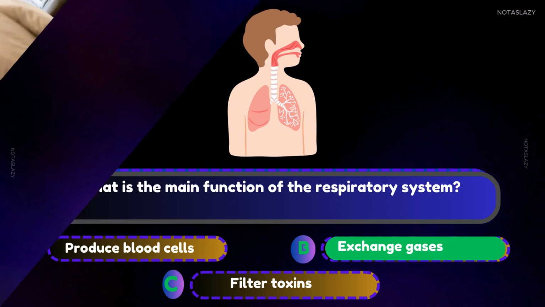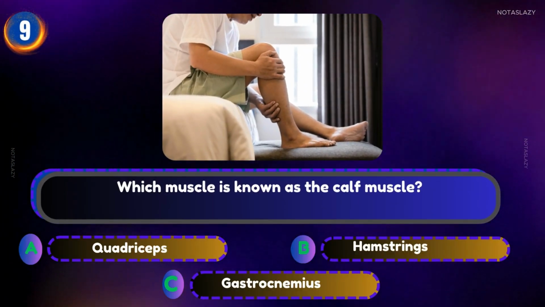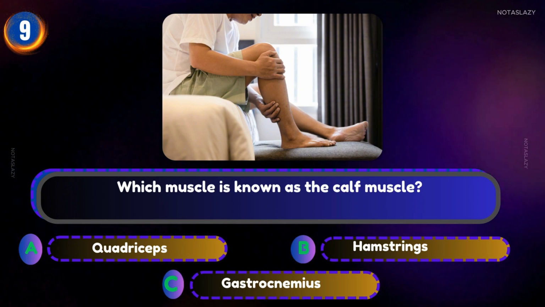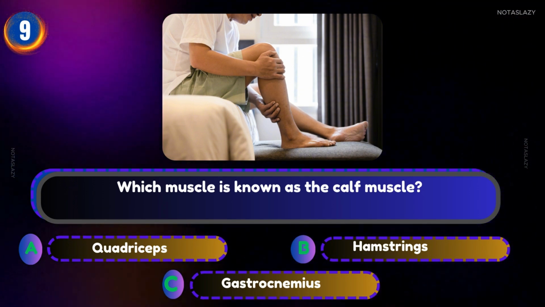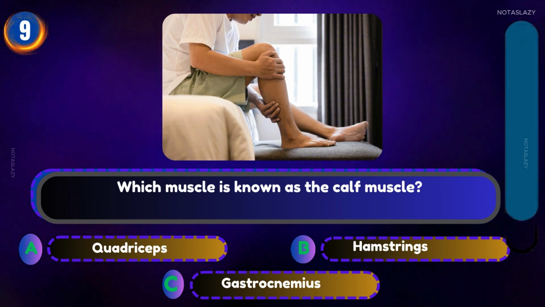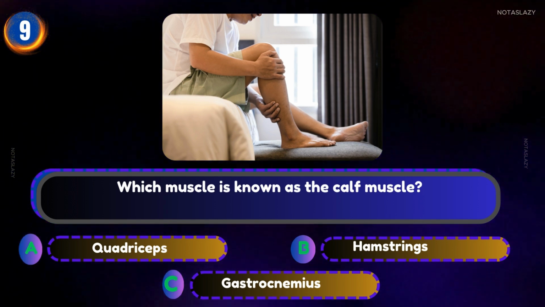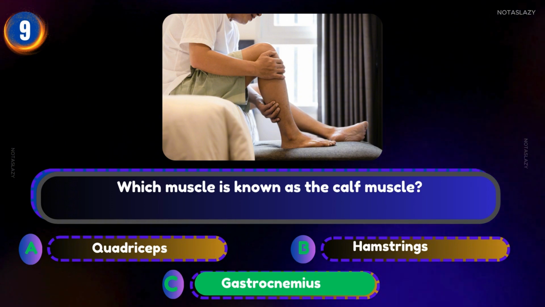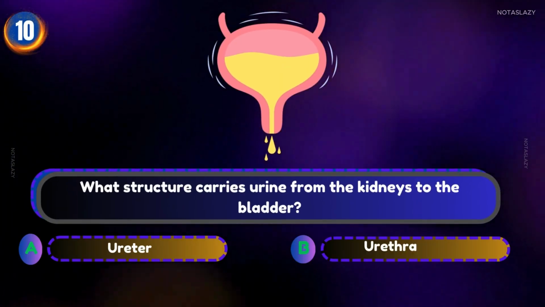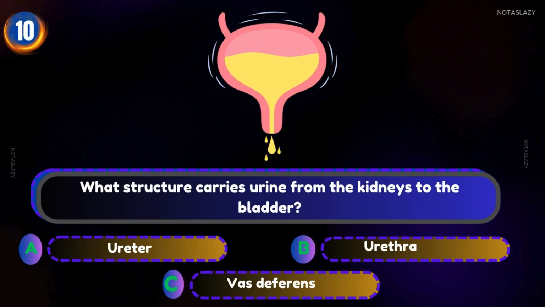Exchange gases. Which muscle is known as the calf muscle? Gastrocnemius. What structure carries urine from the kidneys to the bladder?